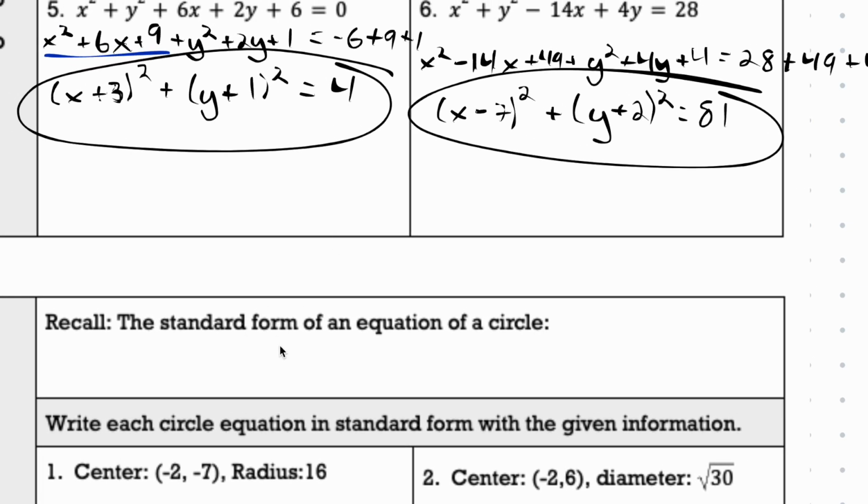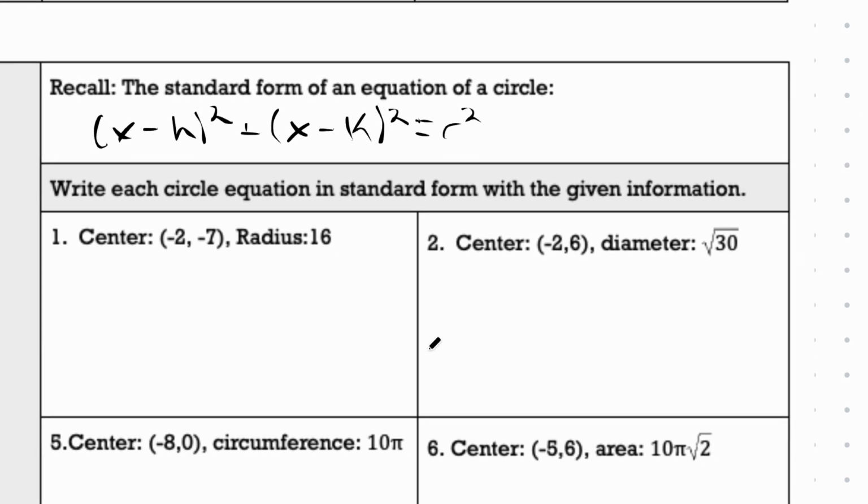So let's just recall what the standard form of an equation of a circle is, because this is super important. It's going to be x minus h squared plus y minus k squared equals r squared. Okay.